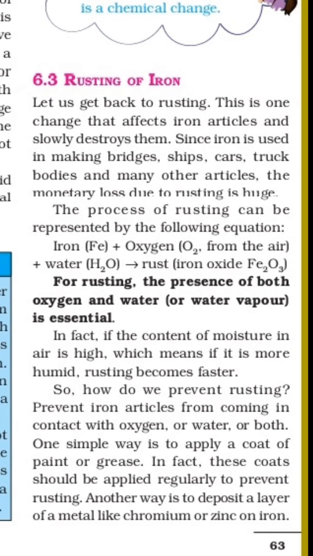So how do we prevent rusting? Prevent iron particles from coming in contact with oxygen or water or both. We are aware that for rusting, the presence of oxygen and water or water vapor is required. What we have to do to protect the iron particles is stop their contact with oxygen, water or both.